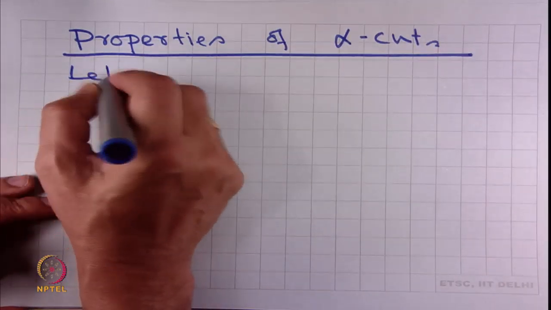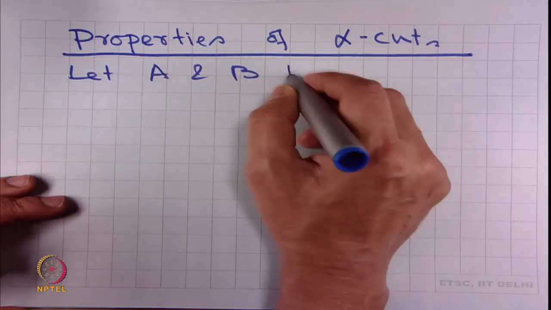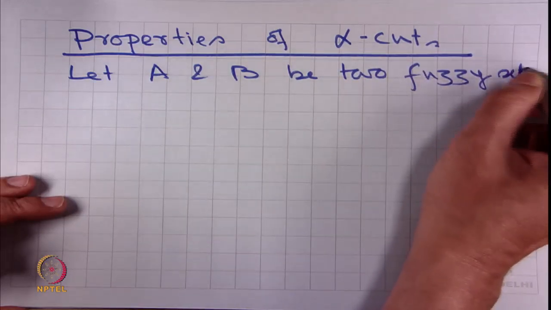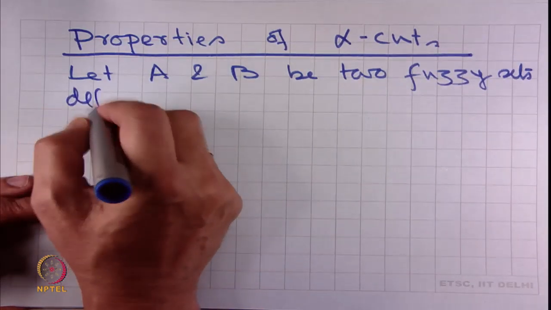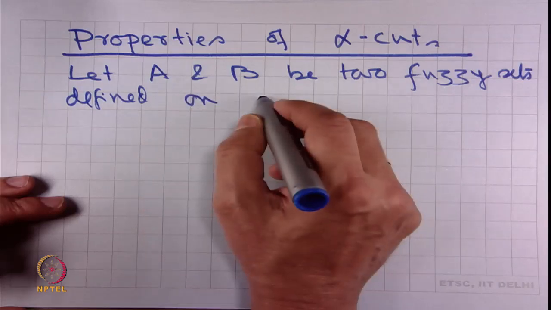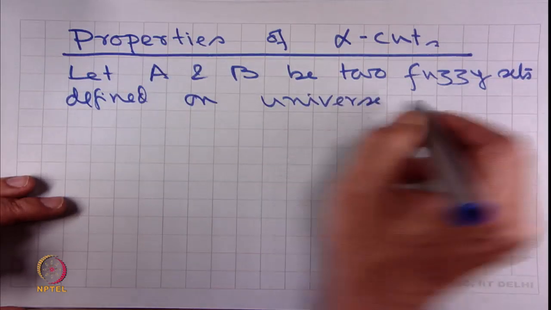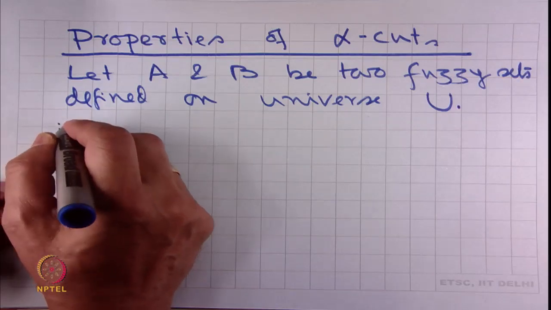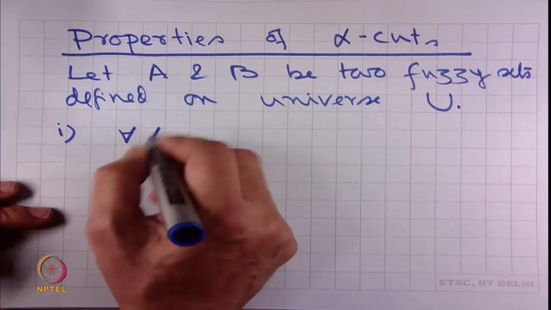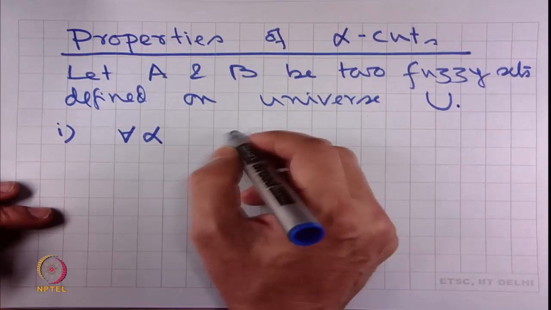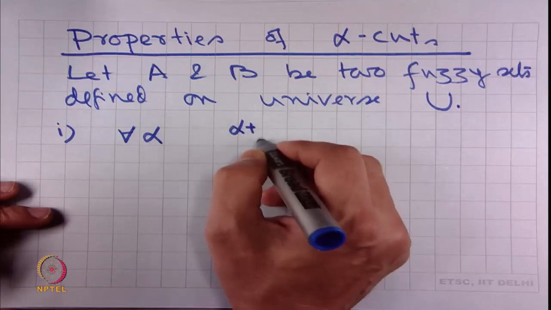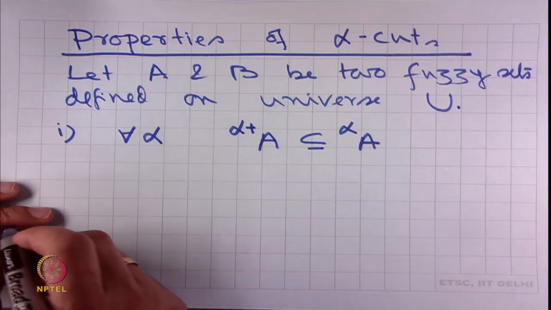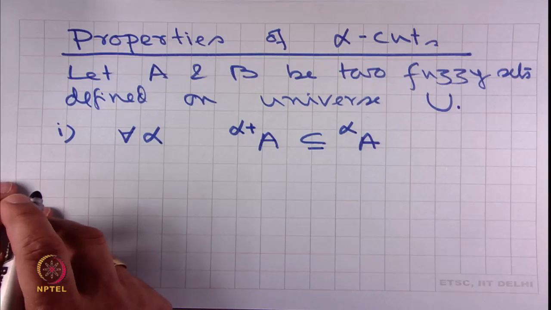So, let A and B be two fuzzy sets defined on universe U. Then property 1, for all alpha, alpha plus A is contained in alpha A. This is obvious.